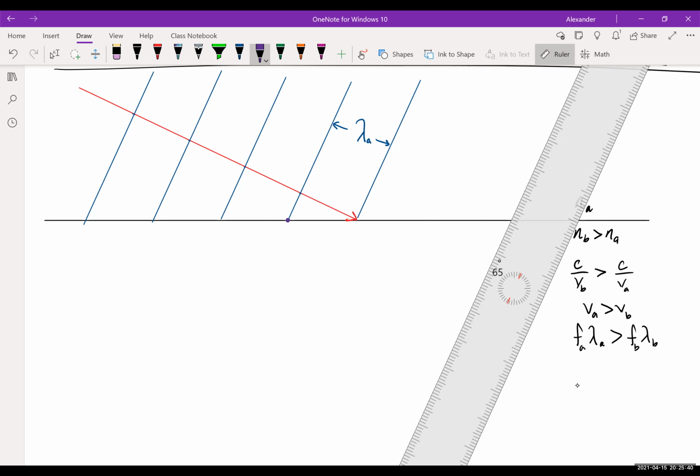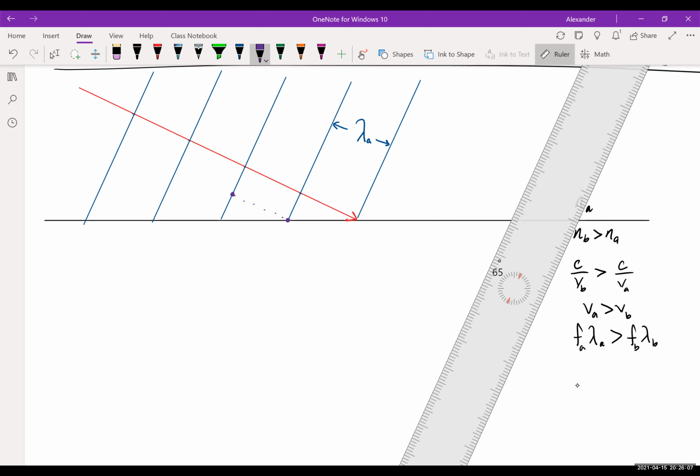And the electric field oscillates at this point, this purple point here, from its maximum value through 0 to its minimum value through 0, and then back to its maximum value right as that next wavefront gets there.